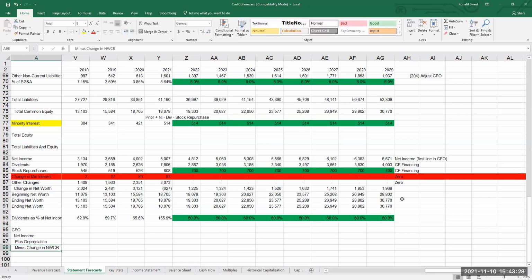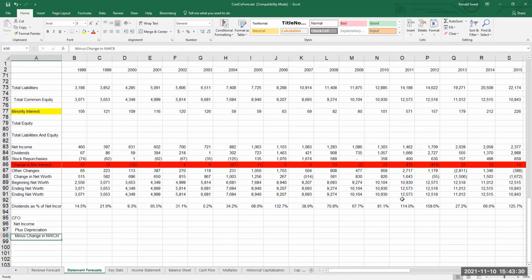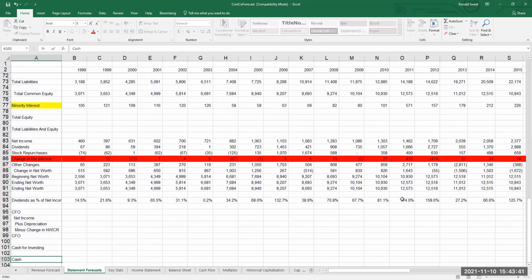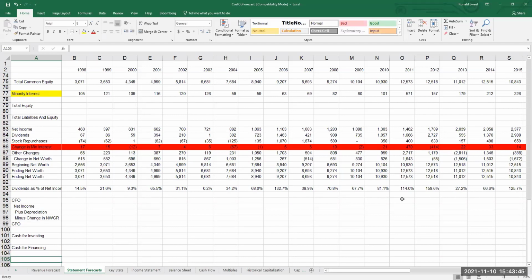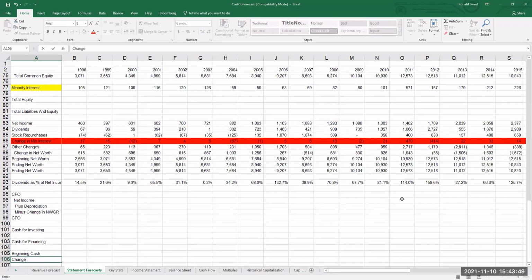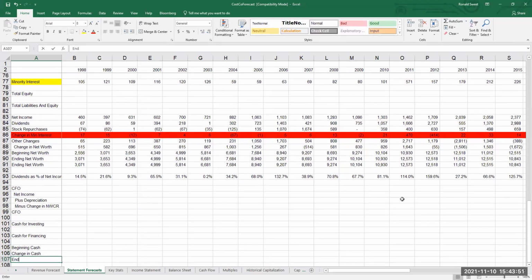I'm actually probably going to put everything in net working capital requirement, even though I don't think it is. And so there's our CFO. We have cash for investing, cash for finance, and we have beginning cash, change in cash, ending cash.